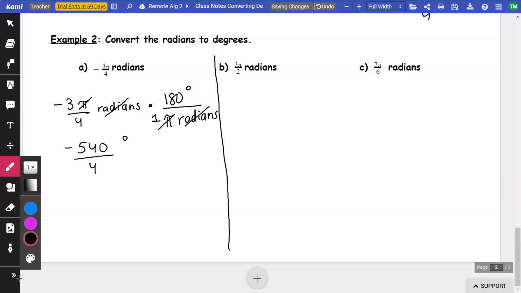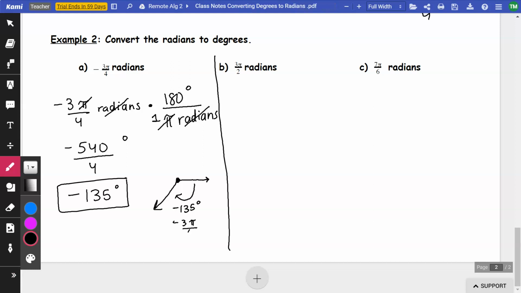And can 540 be divided by 4? It sure can. This is negative 135 degrees. So negative 3 pi over 4 radians is the same thing as negative 135 degrees. So that angle of negative 135 degrees is the same thing as negative 3 pi over 4.